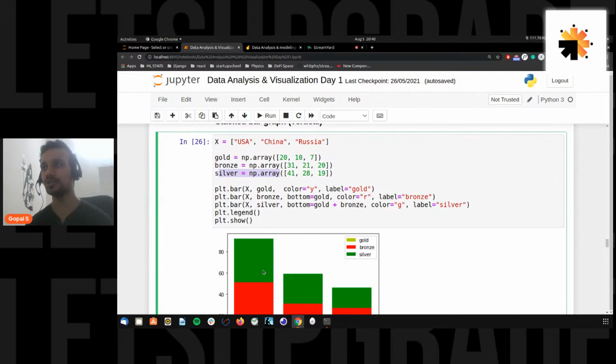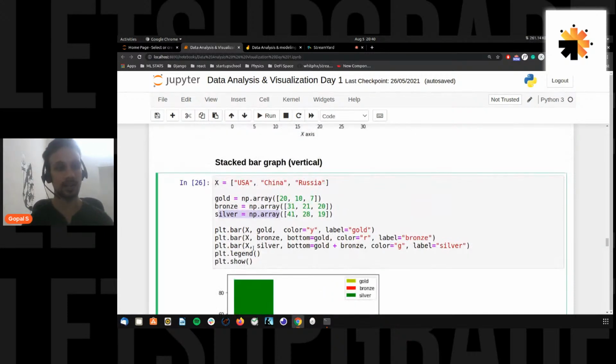And how exactly is it useful? Let's say we have a medal class here, and that medal class has subclasses: gold, bronze, and silver. When you have a class with subclasses, and you want to observe how much of the data accumulates with respect to each subclass, that's where you can use your stacked bar graph.